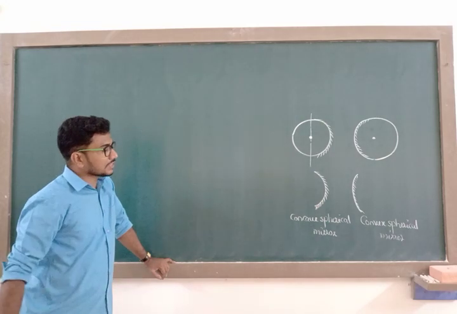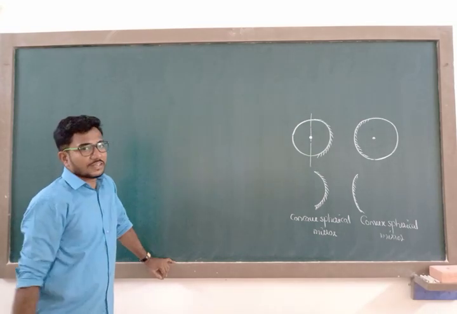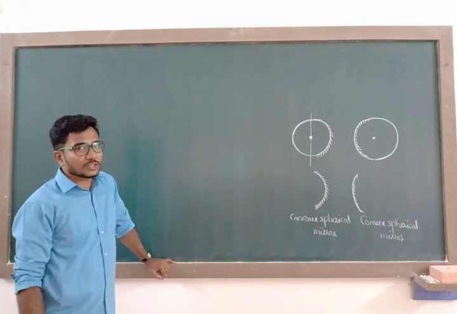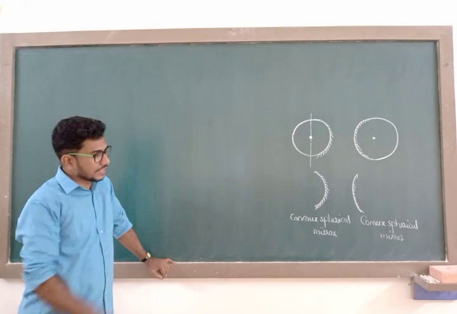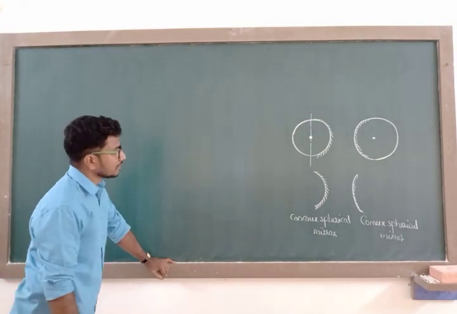Now, what is the meaning of this concave spherical mirror? That is, the reflecting surface is near to the center of the sphere of which that spherical mirror forms a part.